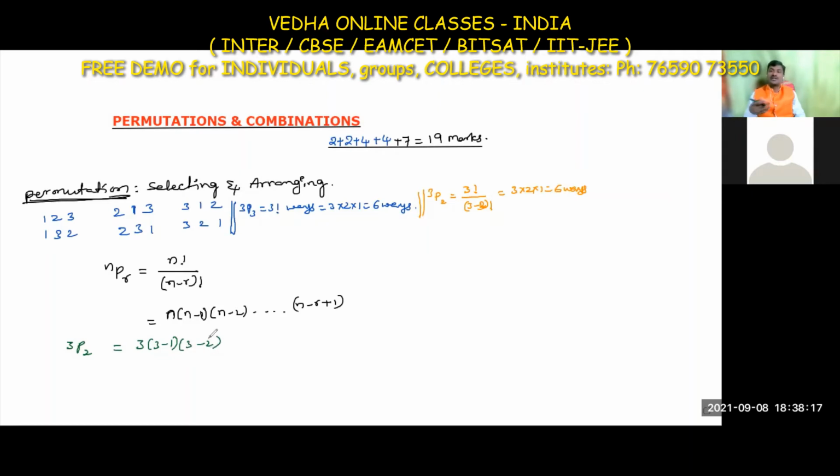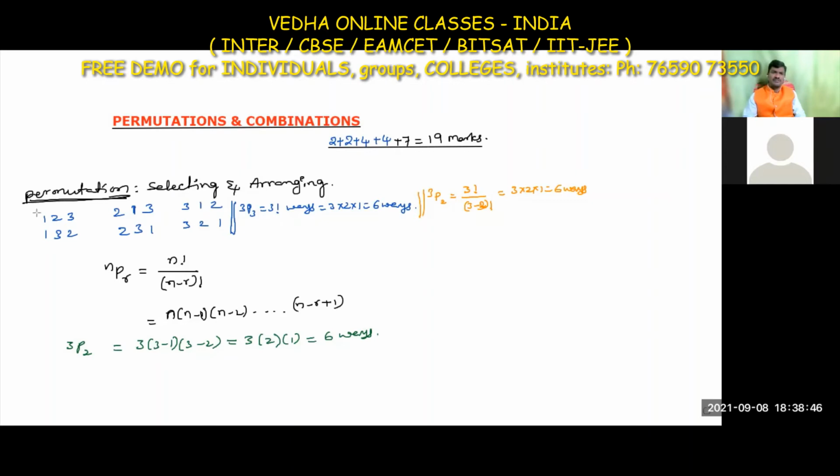After 3 minus 2 comes 3 minus 3, which is 0, and when we get 0 the total becomes 0, so we have to stop there. So 3 into 2 into 1, that means 6 ways are possible. Here we discussed this.